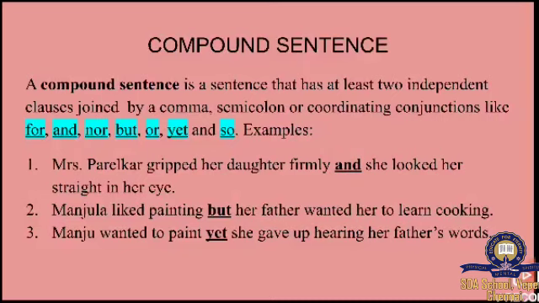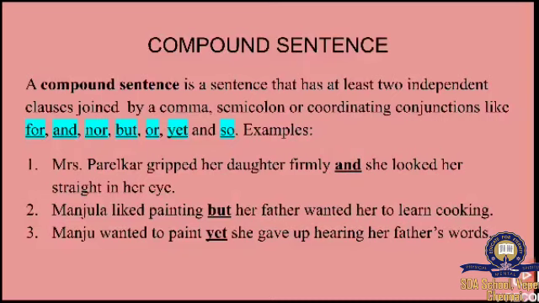And the second part tells us that she looked her straight in her eye. To connect these two independent clauses, we have used the coordinating conjunction and. Now it is a complete sentence, and that makes a compound sentence.